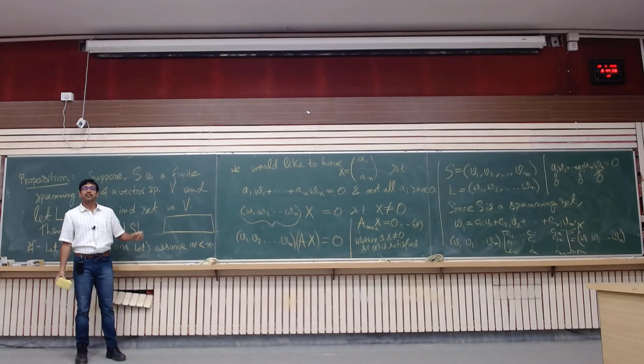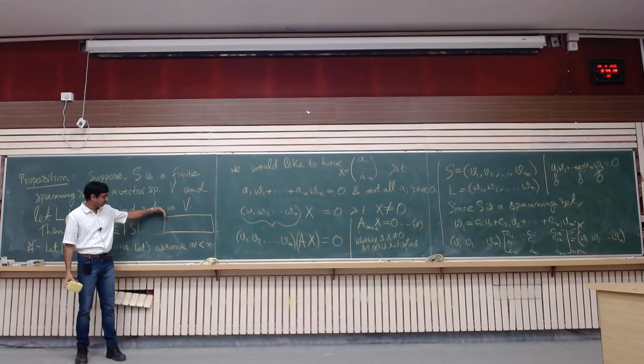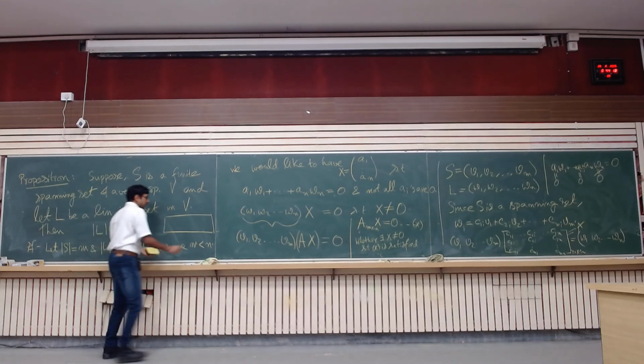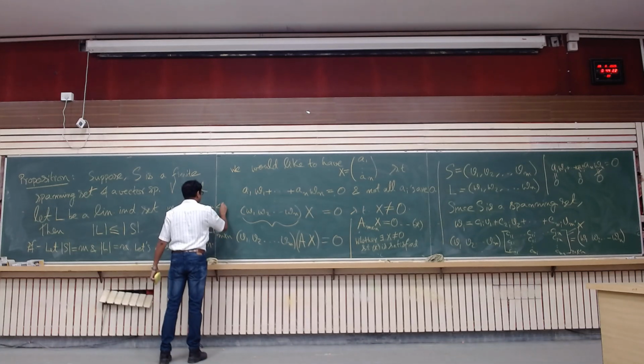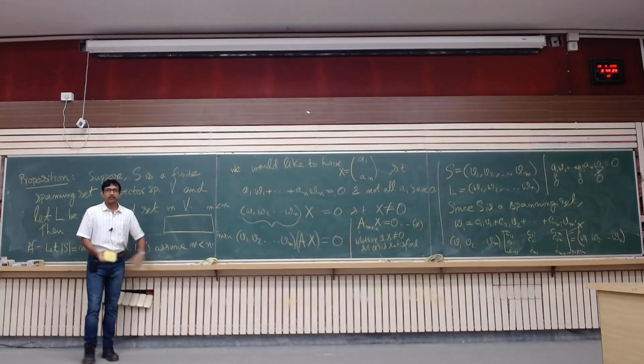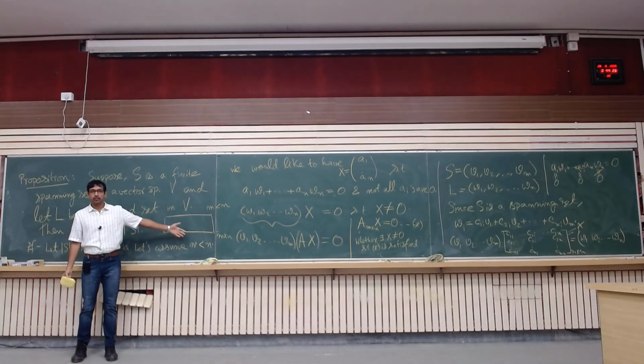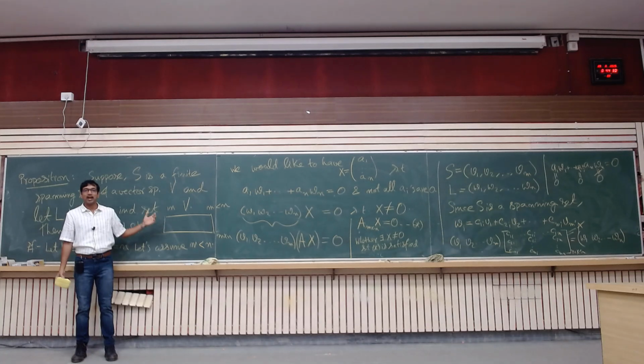Note that there can be at most one pivot in each row and in each column, so the number of pivots is always less. If this is m cross n with m less than n, then you cannot have a full number of pivots, and that will ensure that you always have a non-trivial solution.